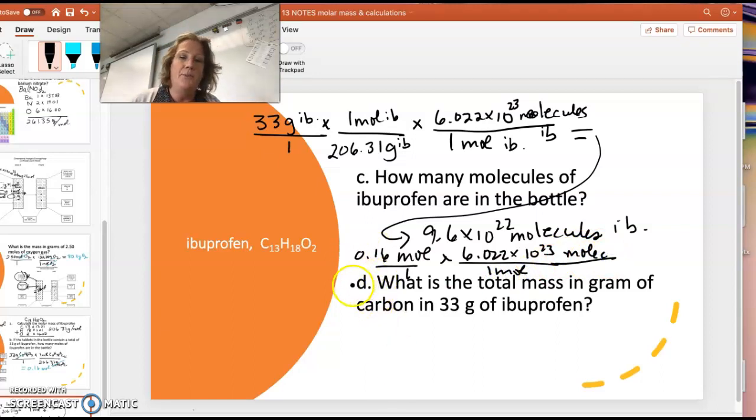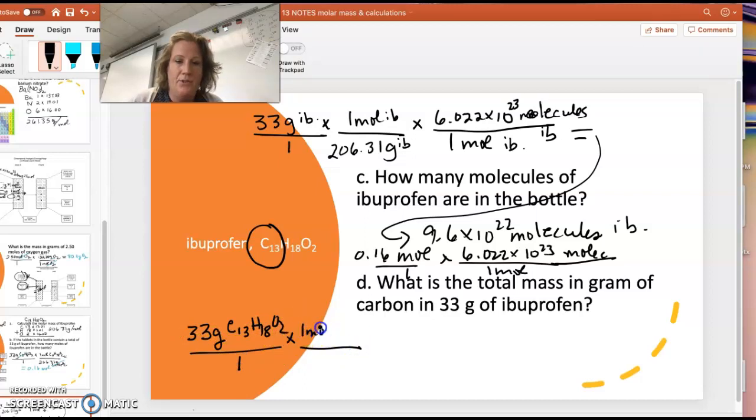One more question. This one is, I'm being asked for the total mass of carbon only in that compound. So I'm going to do the 33 grams again of the whole big compound, the ibuprofen. And I'm going to convert that to mole again.